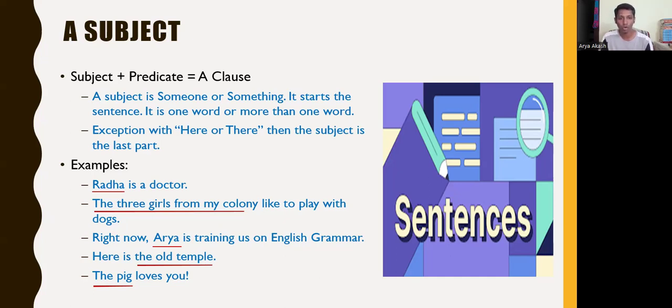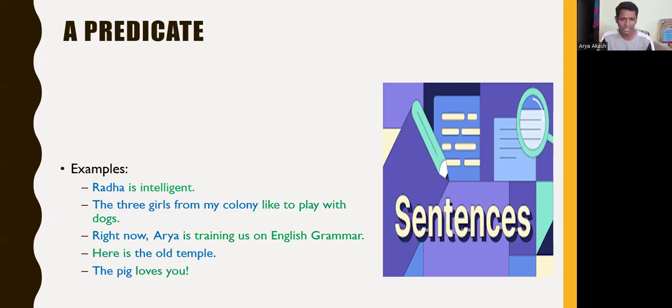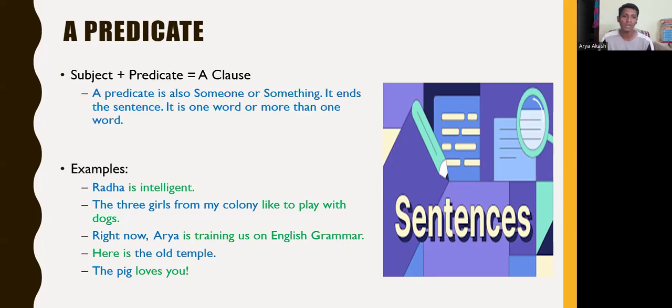Okay, now let's move on to the next part, that is predicate. The two parts, subject plus predicate, make a complete sentence. It's a clause. The same sentences we will take. So a predicate is also someone or something, but the difference is it ends the sentence. It doesn't start the sentence, it ends the sentence.